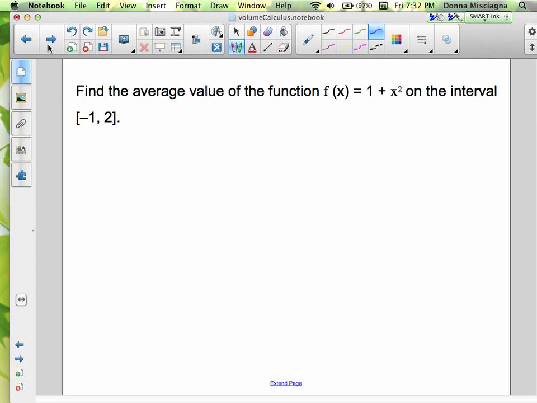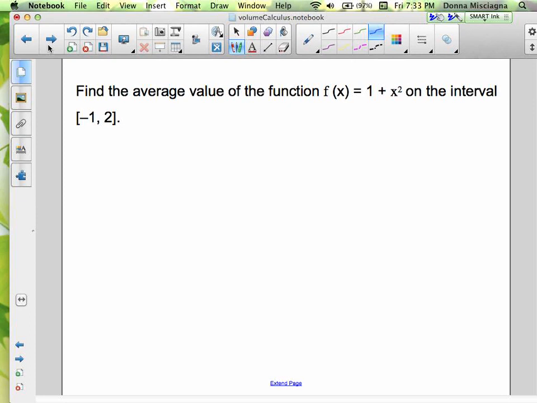So we want to find the average value of the function f of x equals 1 plus x squared on the interval -1 to 2. If we want to find the average value of that function, we have to find the total change in that function. And the total is going to be what we get when we integrate and evaluate.